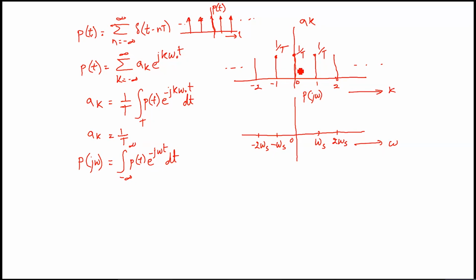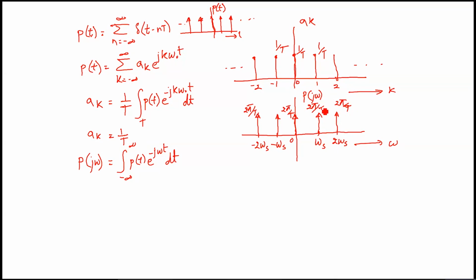So if here we have 1, here we will have 2 pi. And here it is 1 over T, here it will be 2 pi over T. Similarly, at this point, this will again be 2 pi scaling. So you will see that you will end up getting just this. So we can directly translate from a_k to this, and you will see that we have a scaling factor of 2 pi and we end up getting this.